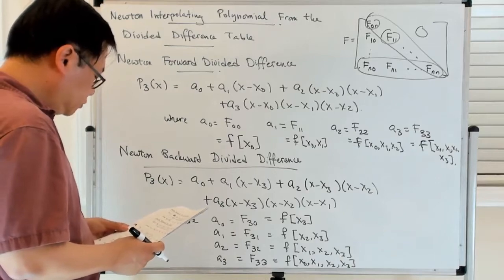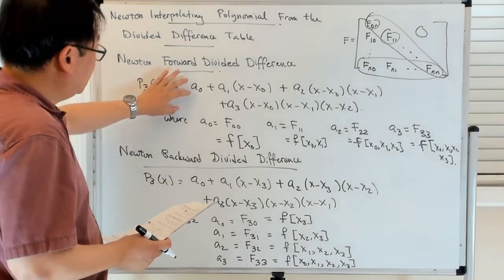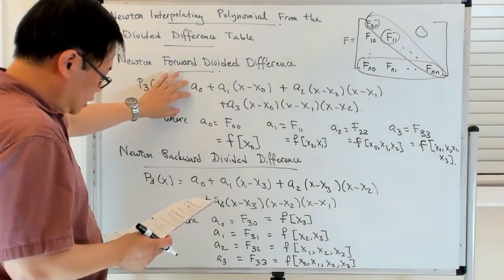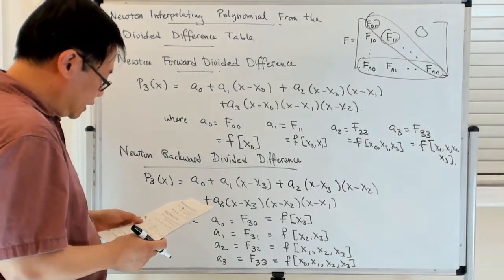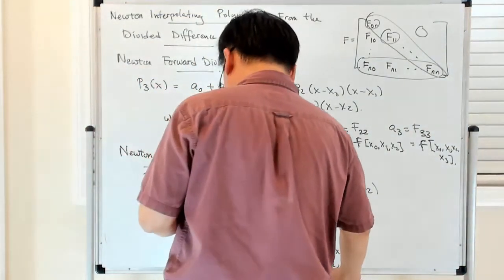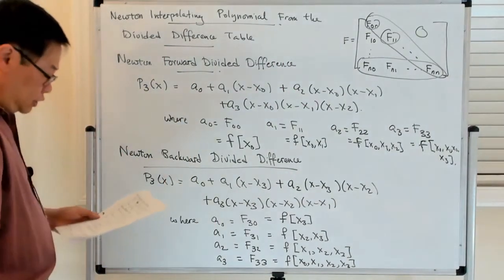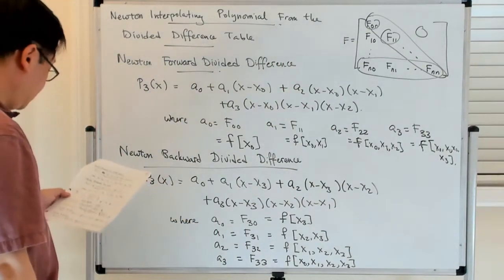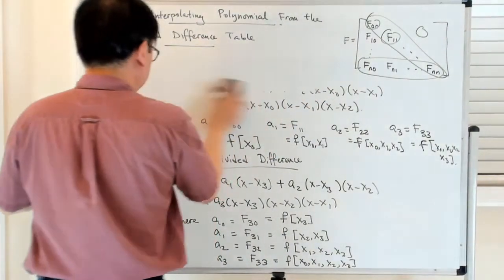So let me demonstrate that it gives you the same expression for a particular set of values. Let's look at an example of both the forward divided difference and the backward divided difference and show that it essentially gives you the same expression.